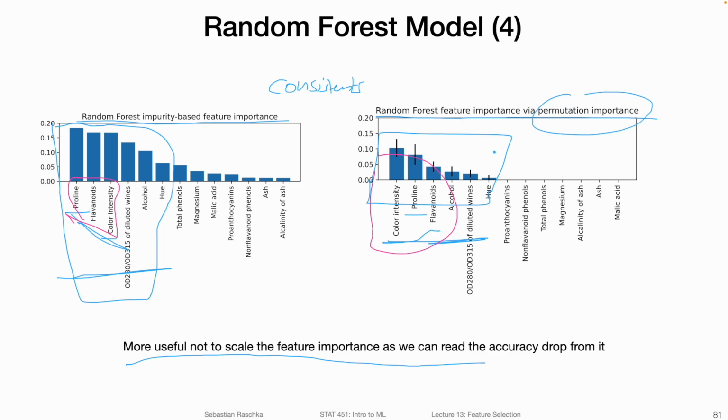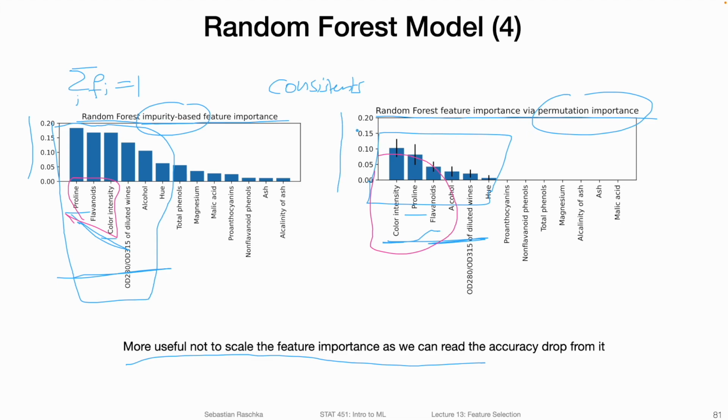the permutation importances. So random forest impurity-based feature importance is usually scaled such that the columns sum up to 1. So the columns here, the sum of the columns, that's called the feature importances Fi, they sum up to 1. And this is not the case here on the right-hand side for the permutation importance.